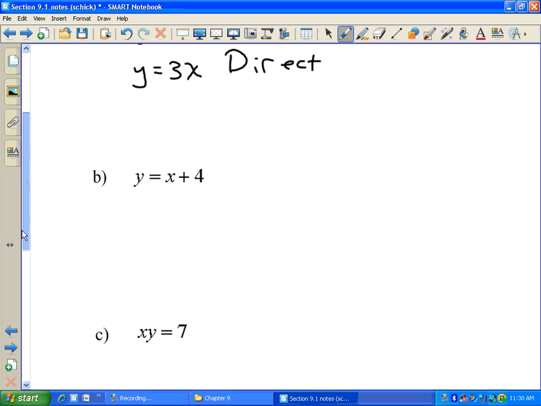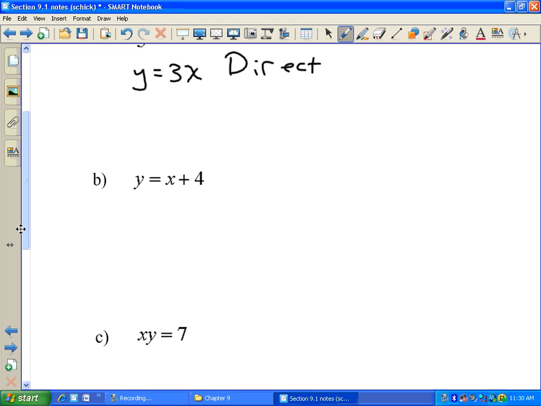Let's look at the next one. Y equals x plus 4. Well, neither direct variation nor inverse variation has anything added or subtracted after the x. So this is neither. It doesn't match either pattern.